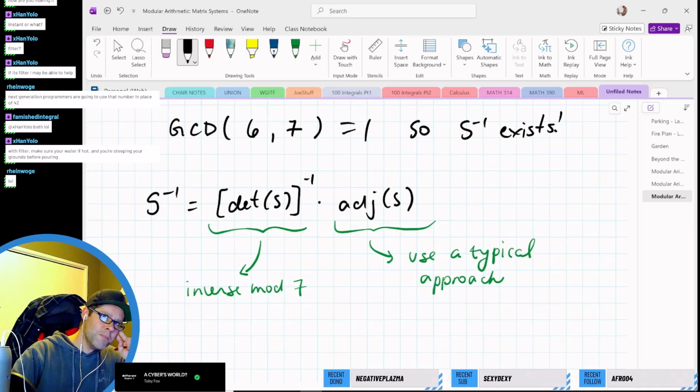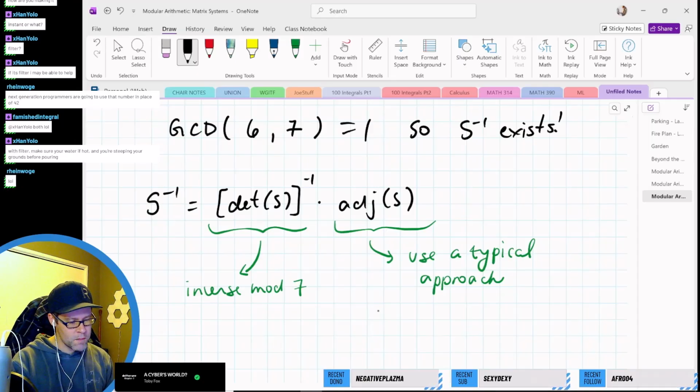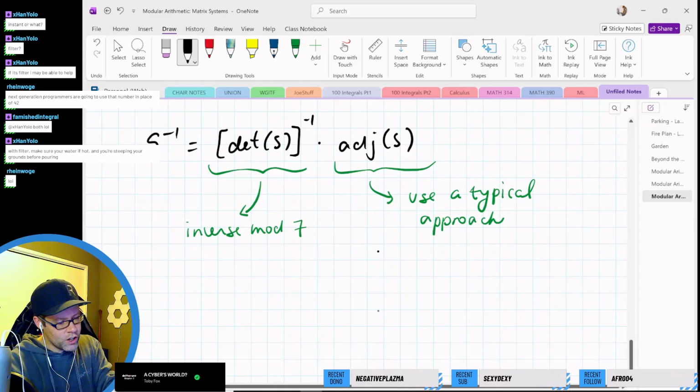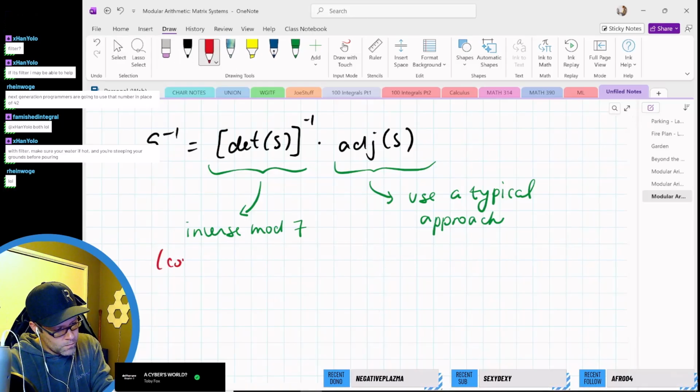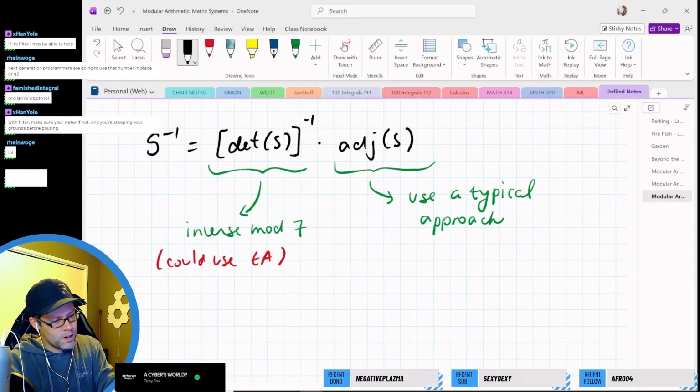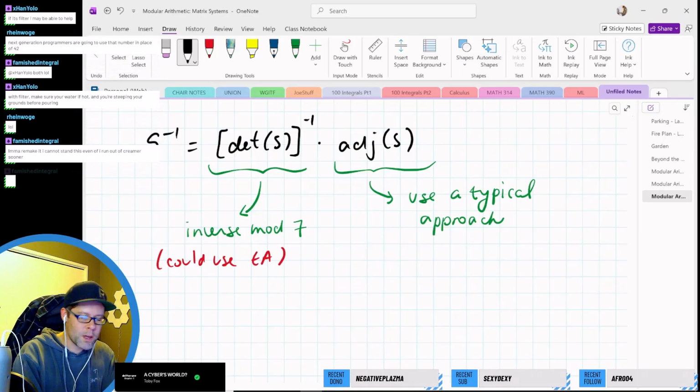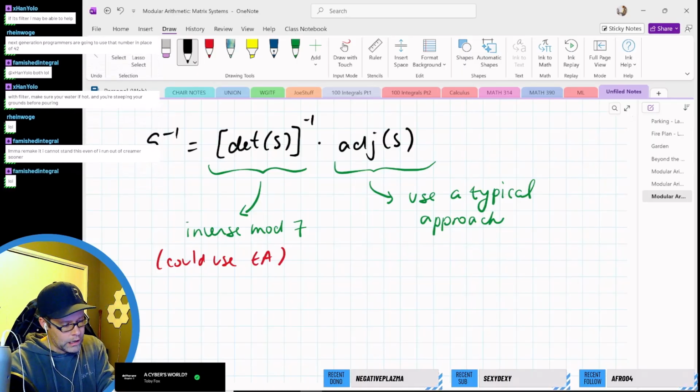Okay, it should be relatively easy for us to find the inverse of 6 mod 7 without having to do a lot of work. I mean, I could use the Euclidean algorithm if I wanted to. But this is such a small example, we can probably just do this by thinking.